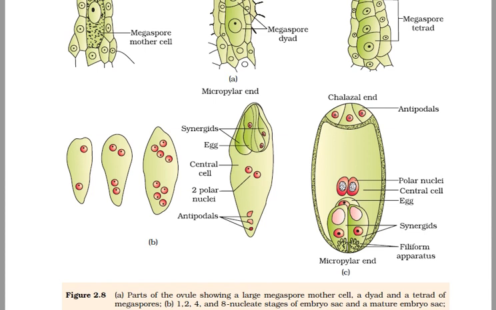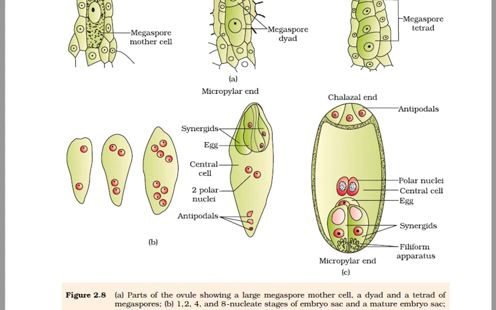Thus the large central cell of the embryo sac contains 2 polar nuclei. A typical angiospermic embryo sac at maturity thus contains 8 nuclei and 7 cells.